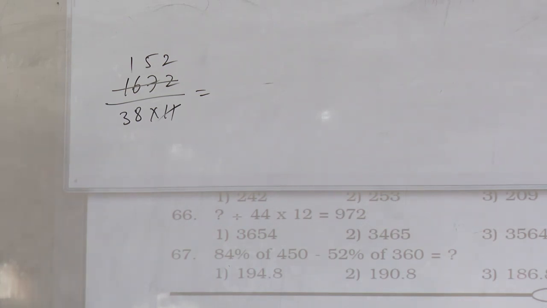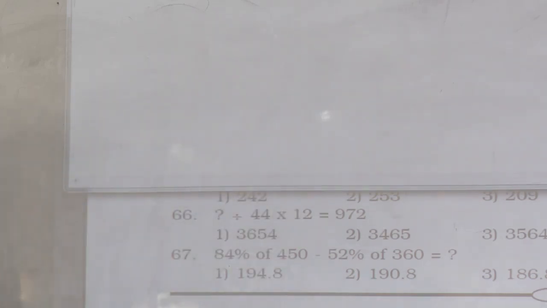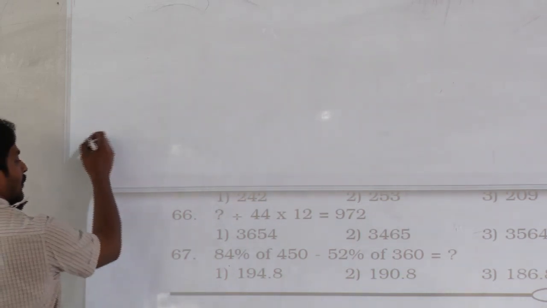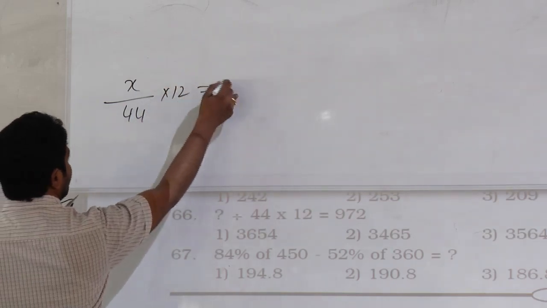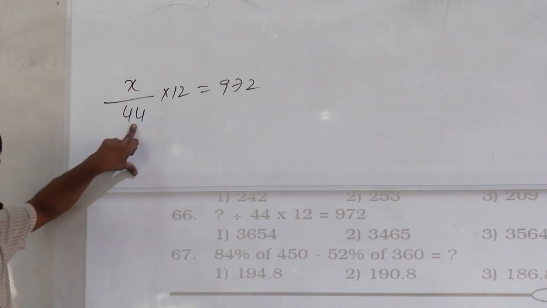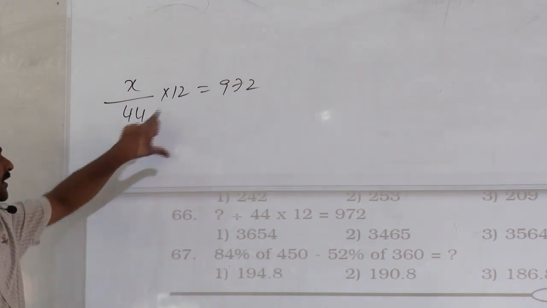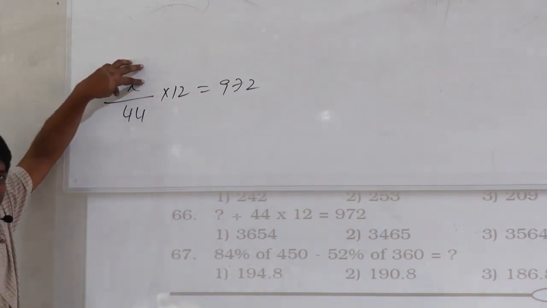Next, 66. Some number divided by 44 into 12 is equal to 972. This is an 11 multiple, right? Then it has to be a multiple of 11.